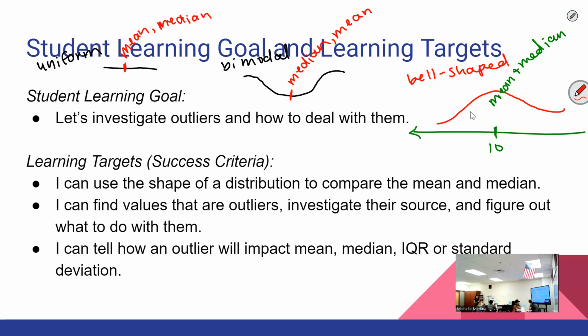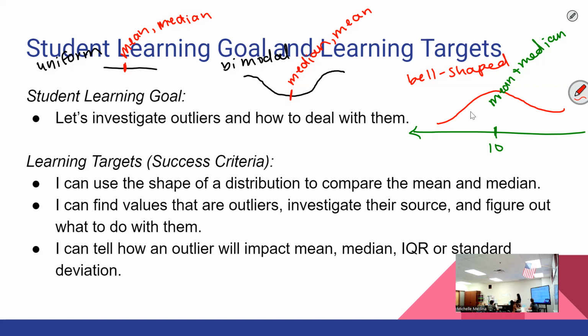Let's start with an S. All of these distributions are also symmetric. Good. So when it's symmetric, you can expect the mean and the median to be toward the middle.